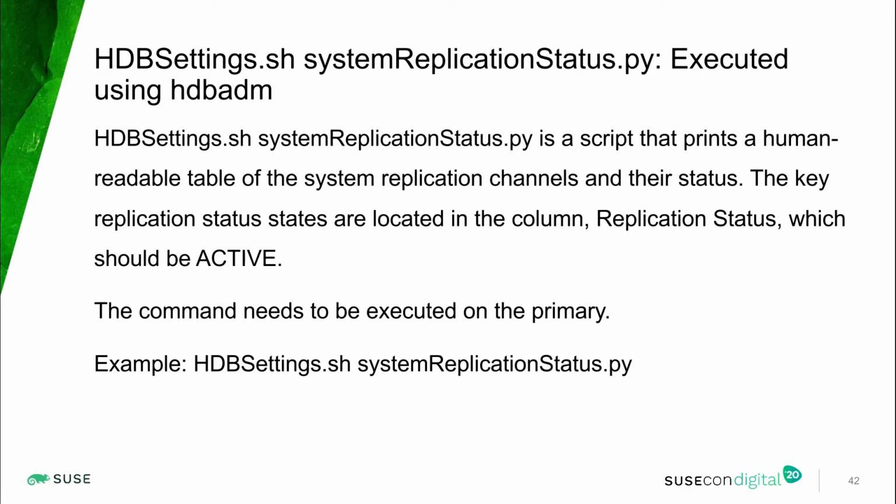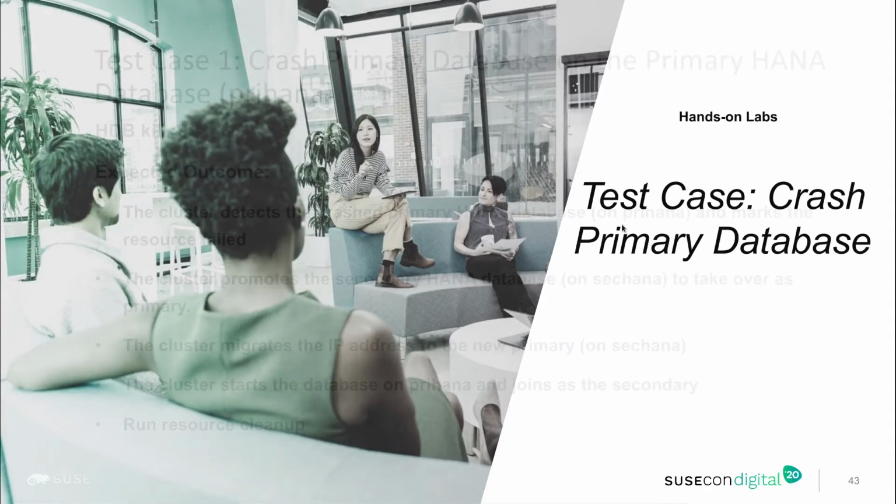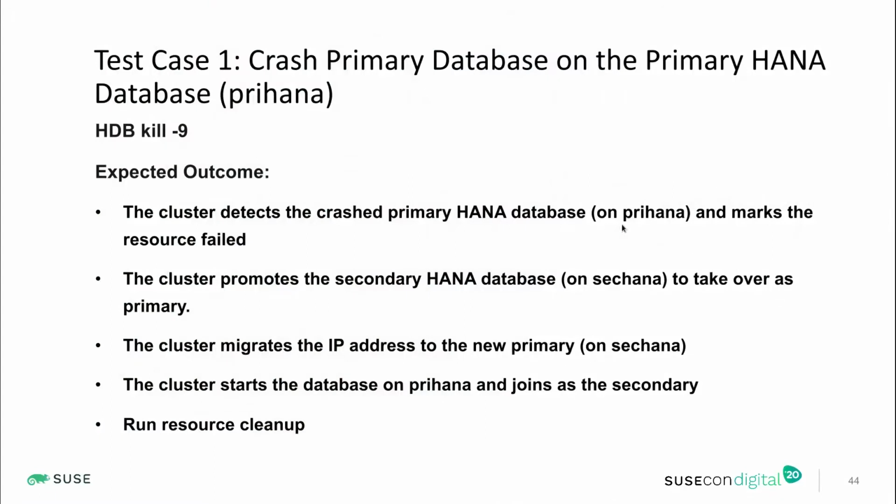In this section, we will look at the first test case you will work on during the lab time. Let's assume that the current primary database is prehana. Then we will simulate a database crash on the primary HANA node. What is the expected outcome?